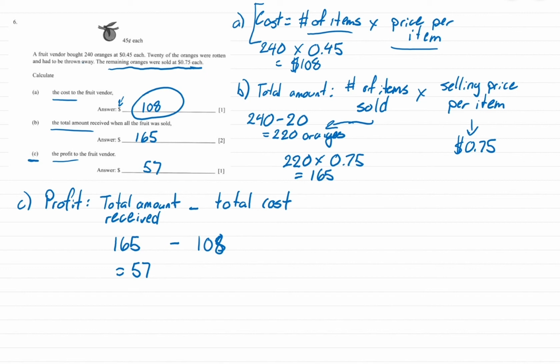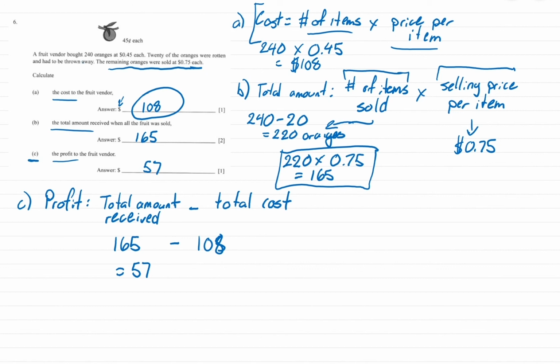To calculate that, we just need to find out how many oranges we were selling, and what price we were selling each orange for. So we were selling 220 oranges because 20 of them went bad. And then we decided to sell each orange at 75 cents each. So when we multiplied that, we got 220 multiplied by 0.75, which is 75 cents. That gave us $165.